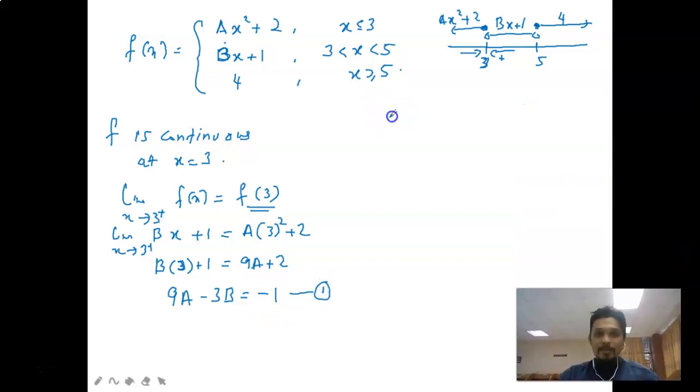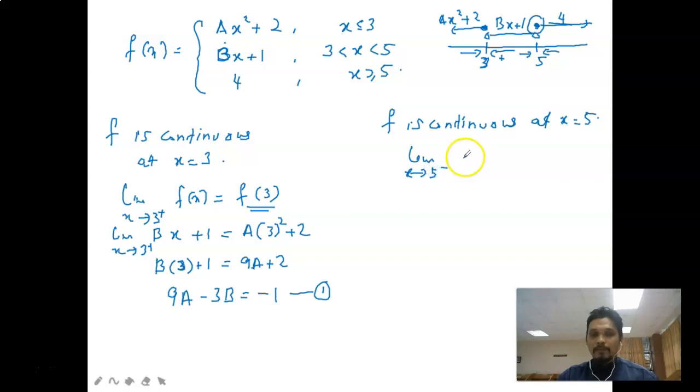And also f is continuous at x equal to 5. At x exactly equal to 5, the graph of the function is 4, and we compare with the limit of x approaching 5 from the left, which is bx plus 1 equal to 4.